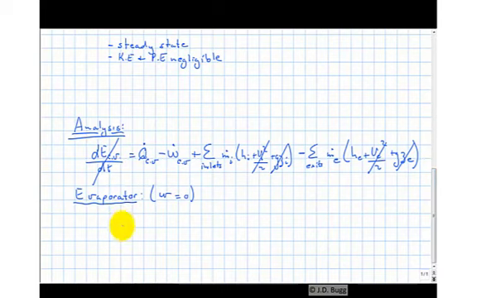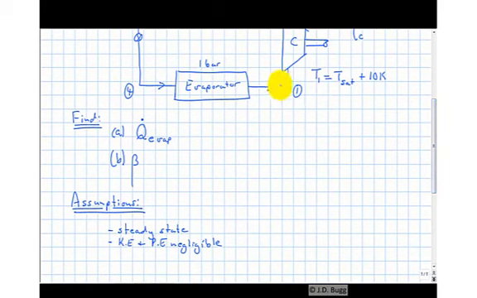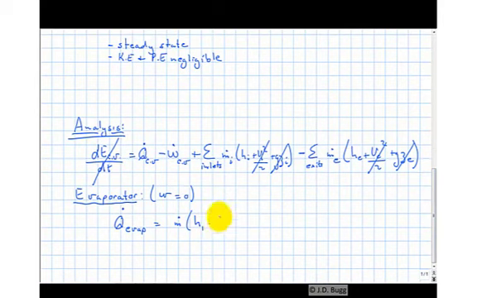So Q dot for the evaporator is going to be equal to the mass flow rate times h at the exit of the evaporator, which is 1, minus h at the inlet, which is 4. So h1 minus h4.